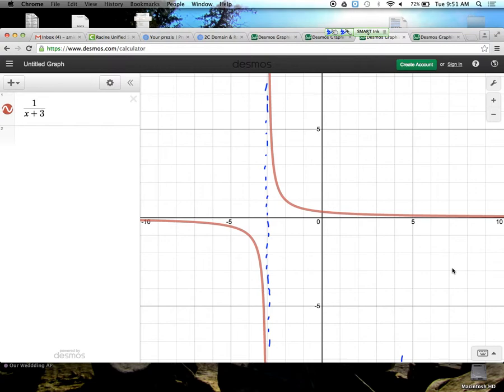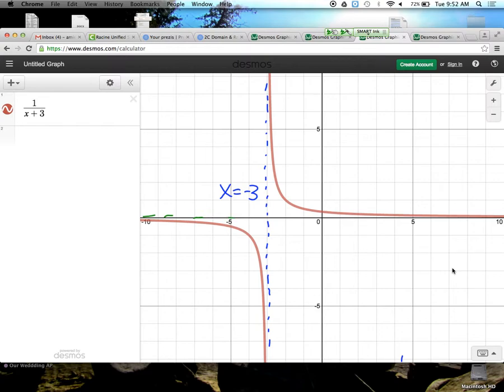Asymptotes, yeah. So we do have an asymptote here. Notice it's at x equals -3. So that asymptote is actually not part of our domain. If I plug -3 in there, what happens? Divide by 0. We can't divide by 0. So that will not be part of our domain.